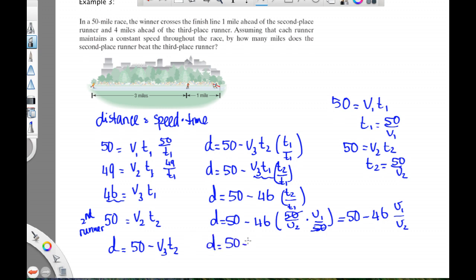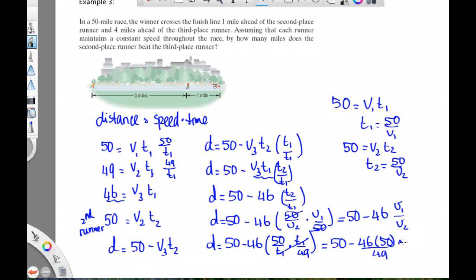I have 50 minus 46, and v1 is the same as 50 divided by t1. And then we multiply by the reciprocal of v2, and v2 was 49 over t1, so that becomes t1 over 49. And the t1 goes away again. So we have 50 minus 46 times 50 divided by 49.